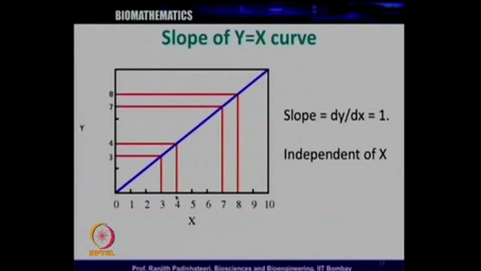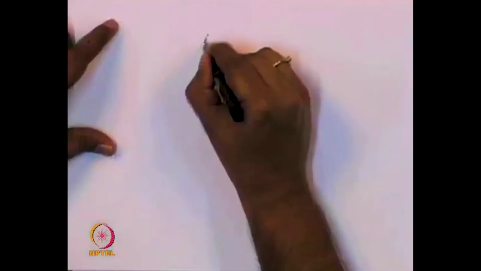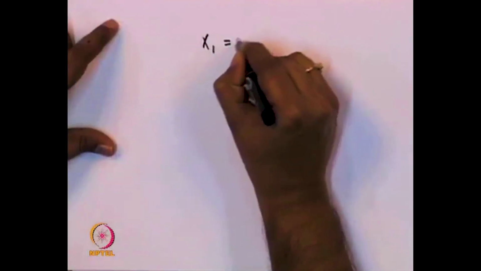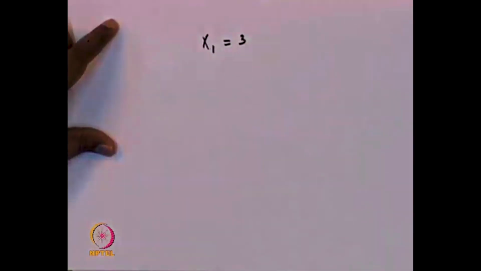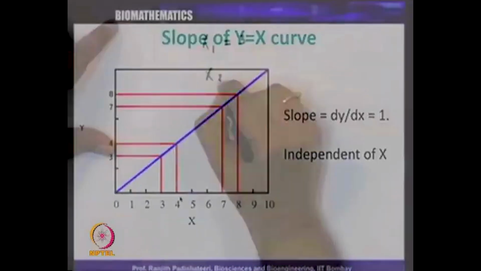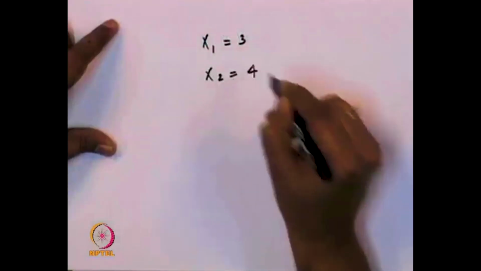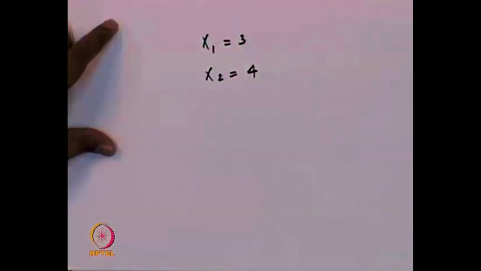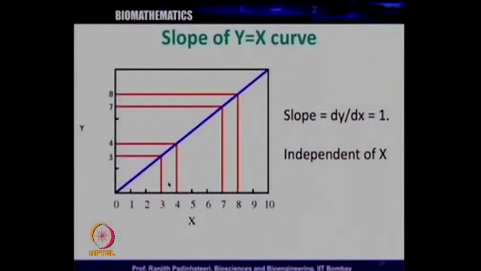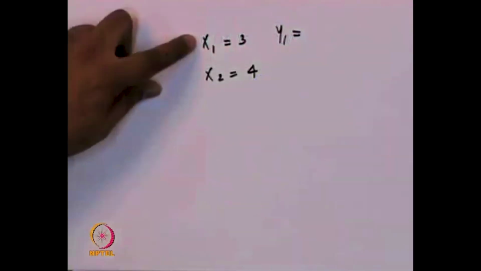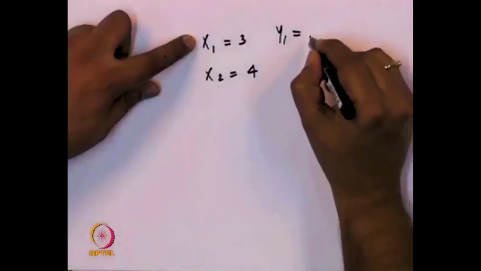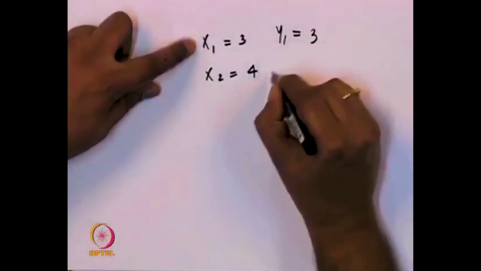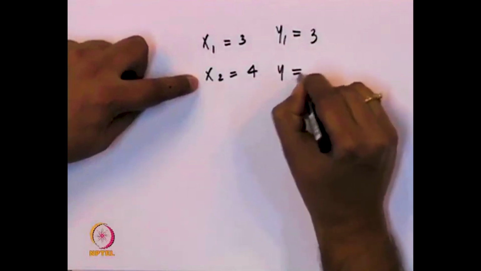So x 1 was 3, the second x value x 2 is 4, and y 1, corresponding to x 1, is also 3 and y 2 is also 4.